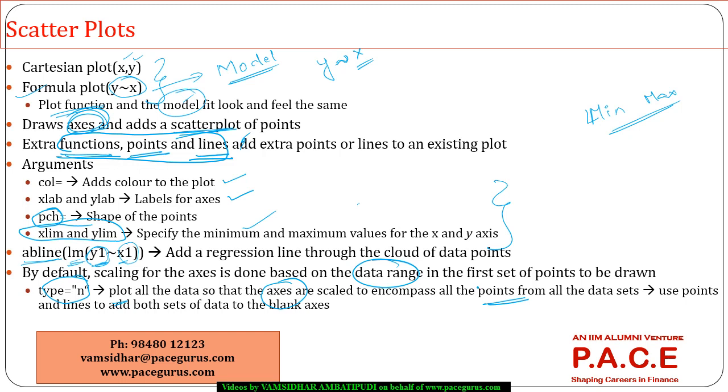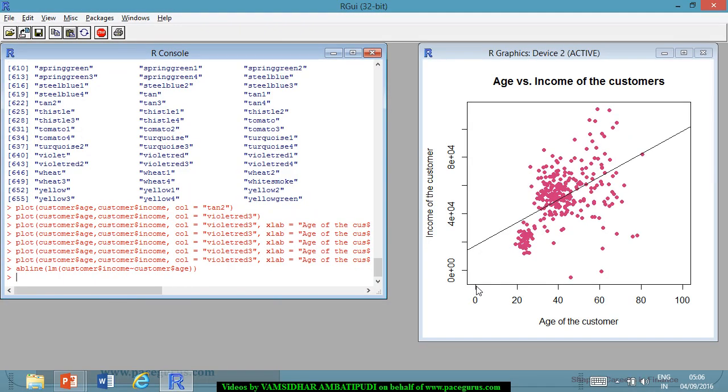So let's say I'm going with two different data sets, right? Initially I have plotted this, then I have another data set that I'm trying to plot as well. Just for the example, here I have plotted the income. Now to this itself, I want to add points.